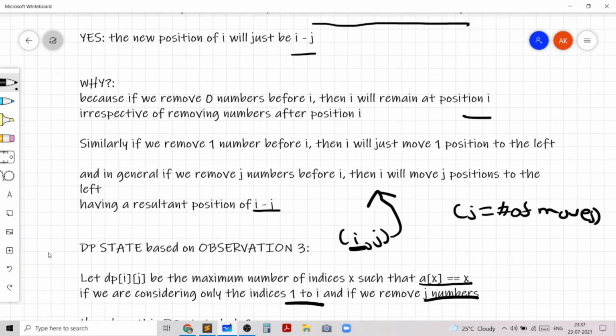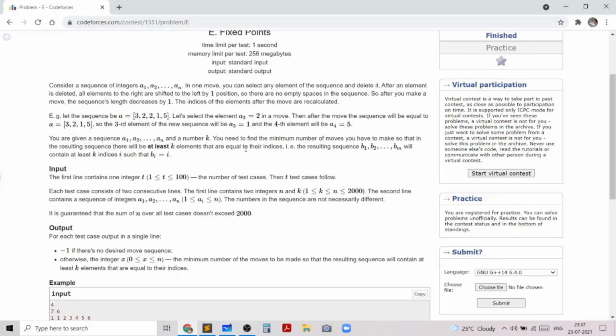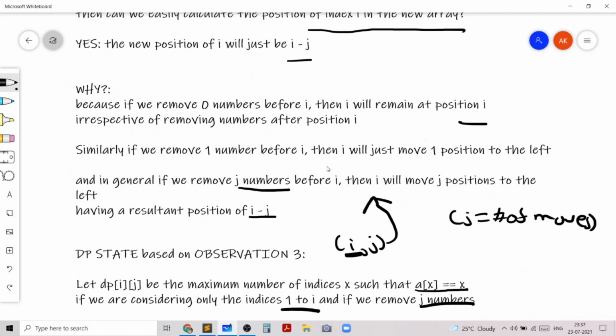And the motivation was observation 3, because in observation 3 we could easily find where I goes to if we remove j numbers. However, if we fixed the number of elements which are equal to their indices, we couldn't have easily figured out how many indices are left.